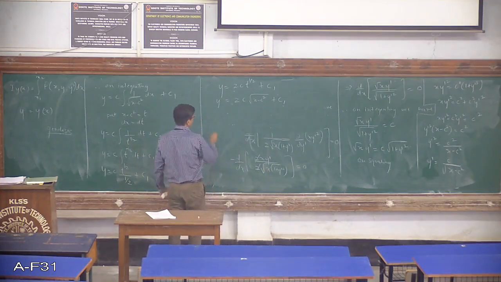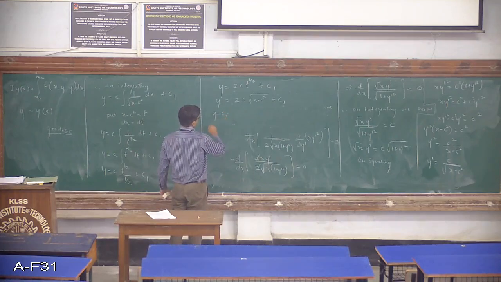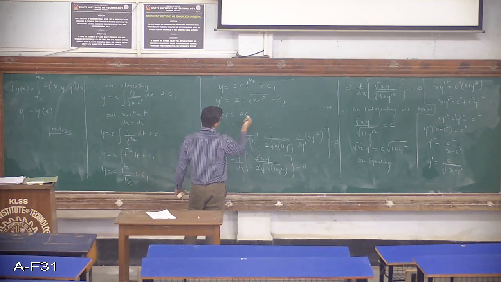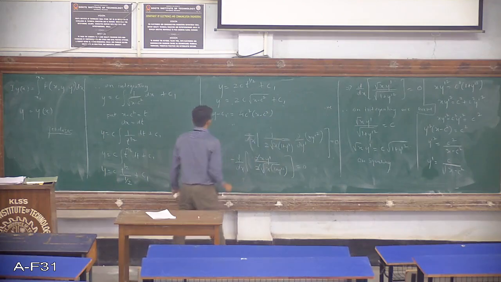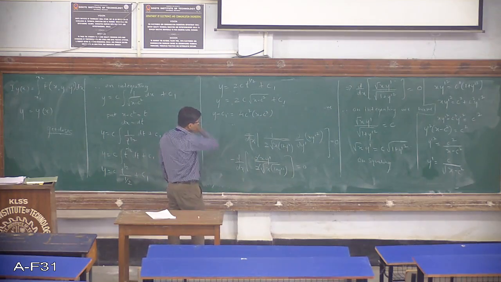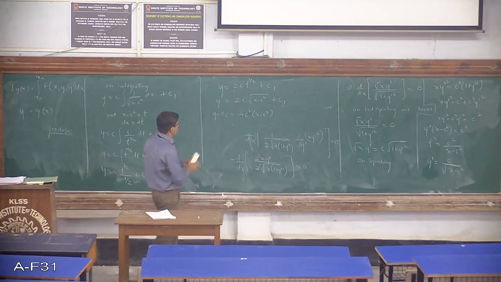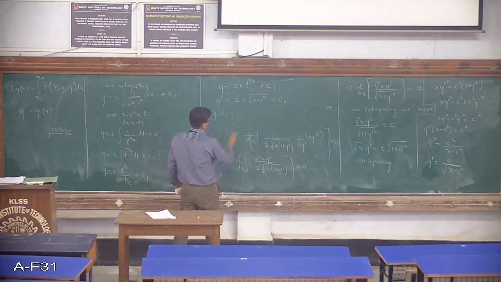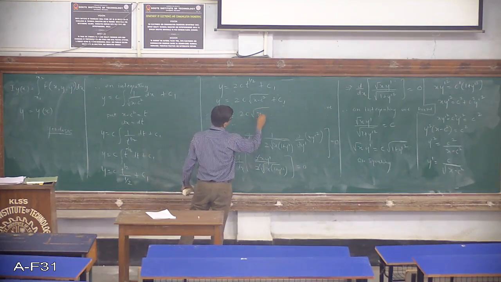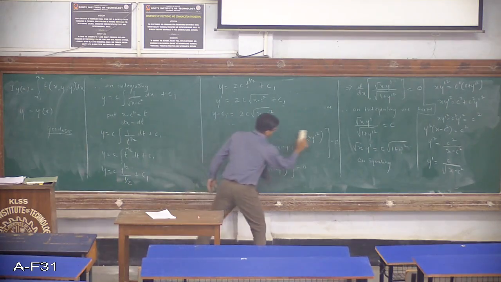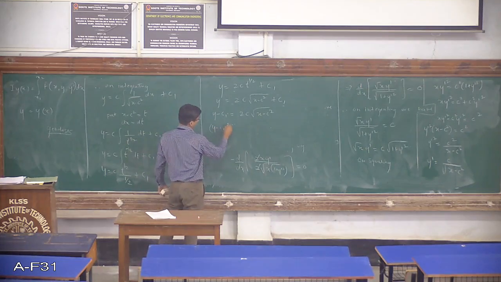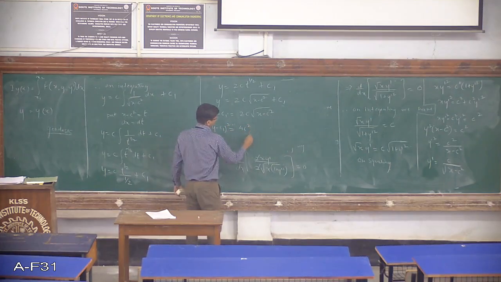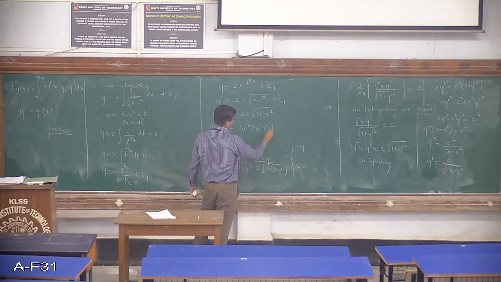Now again I take this equation 1, y minus c1 is equal to 2c square root of x minus c square. Now when you square this, y minus c1 square is equal to 4c square times x minus c square.